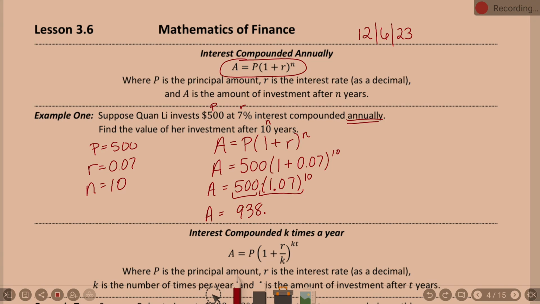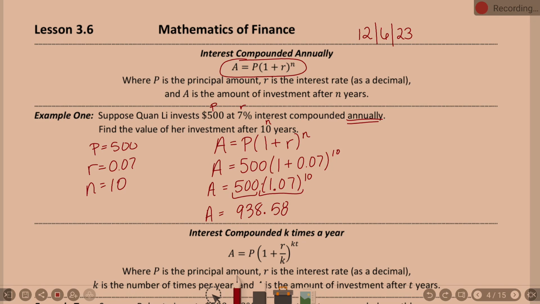Students compare answers: 938.58? I got 983. Yeah, 58 cents. I got that too.